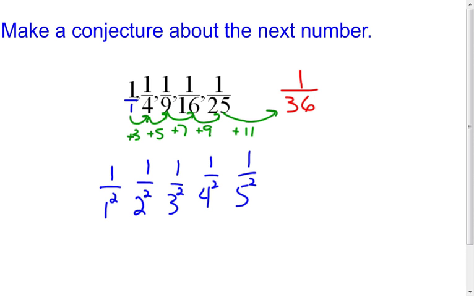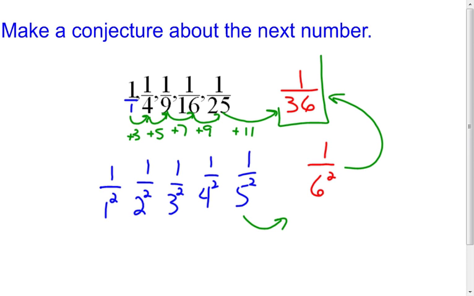So my conjecture as I go to this next one would be, well, just like I said at the beginning, the numerator is going to be 1, but my denominator is going to be 6 squared, because when I look at all my denominators, I just went 1, 2, 3, 4, 5, and then I have to square it. Well, if I square 6, I'm going to be right back to here. So my educated guess, or my conjecture, is that the next number is going to be 1 over 36.